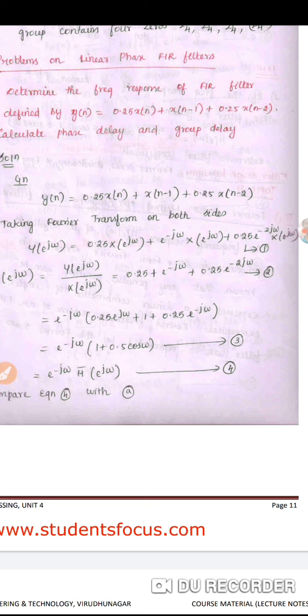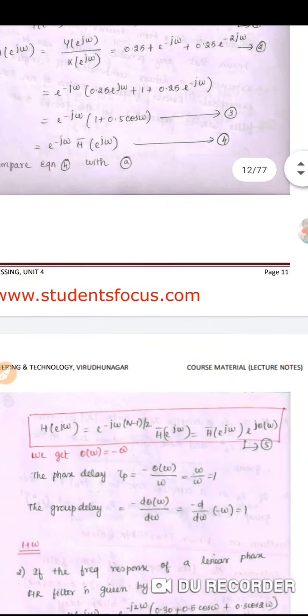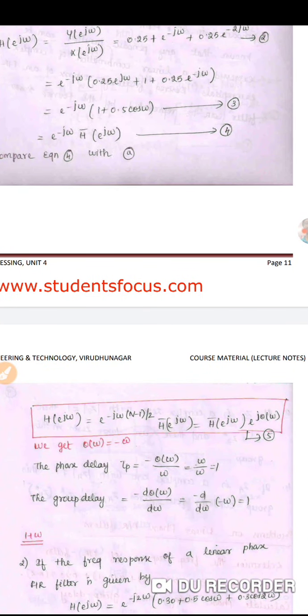We know that 1 plus 0.5 cos omega is the magnitude response, and e power minus j omega is the angular response. We know the general equation of H of e power j omega as the magnitude of H times e power j theta of omega. In the place of theta of omega, you are finding minus omega. From that we have to find the phase delay and group delay.